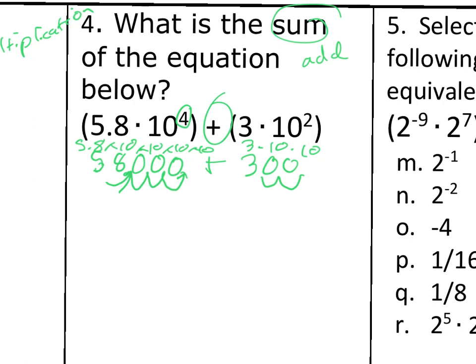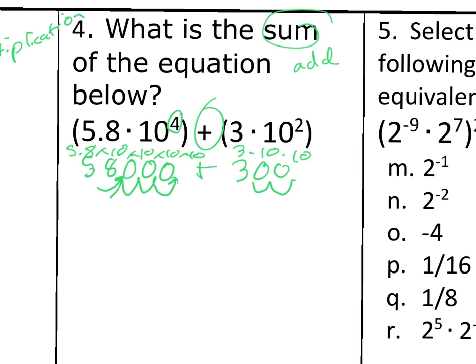Okay, so next step, what would you do? Take a look at it right now. Because remember, you got to ask yourself, how do you do this? Because that's what's going to be important to you next week. And if you said add, that's right, because right here it says add, so that's good. So here we go. We got 58,000 plus 300.